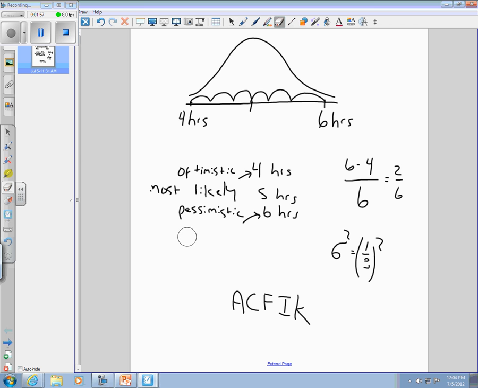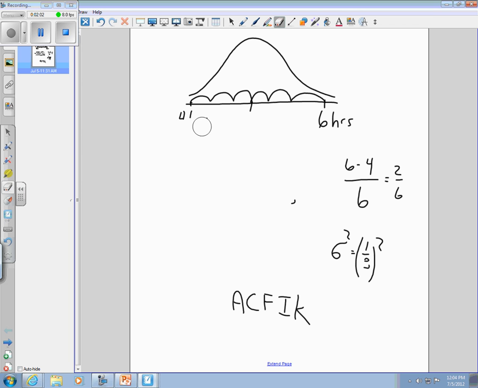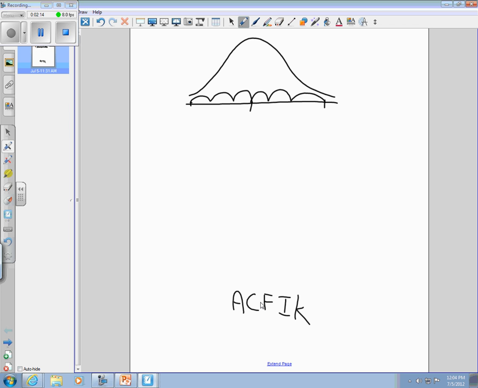Let me erase all this that we were dealing with earlier. Now, let's go back and figure out what the expected times and the variances were for A, C, F, I, and K. I'll do that right here because I'm only now interested in those critical path activities.